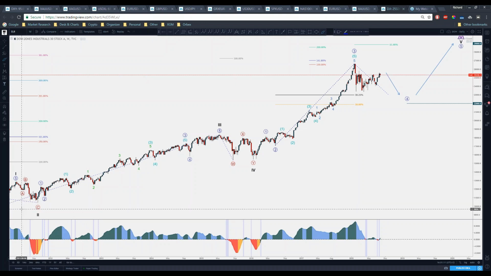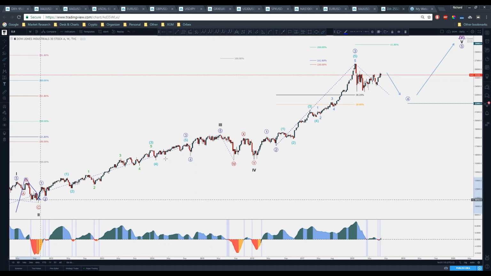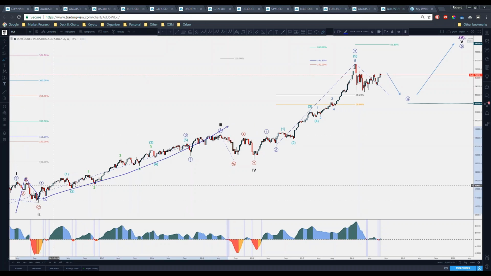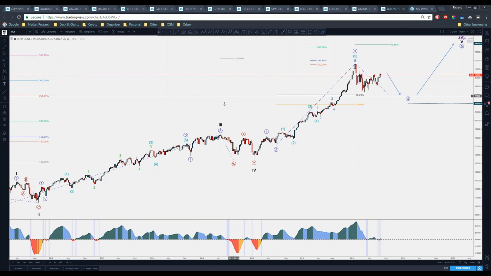Now, cycle waves 1, 2, 3, 4, 5, black, 1, 2, 3, with a third wave extension within the third wave extension. Fourth wave correction starting in 2015 and ending in 2016. And then the bull market returned, 1, 2, 1, 2, 3, 4, 1, 2, 3, 4, 5, an extension in the fifth wave. So fifth wave extension in the fifth wave extension in the primary degree, right?